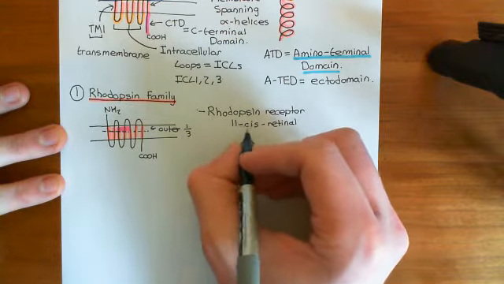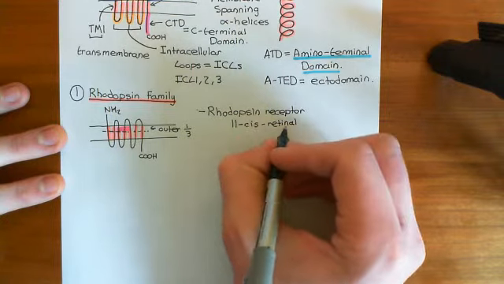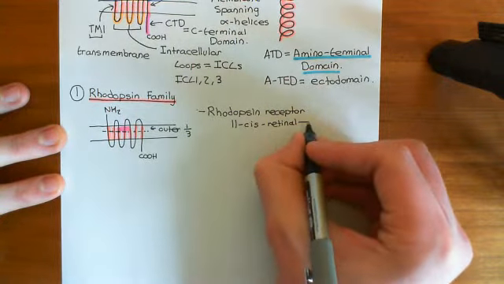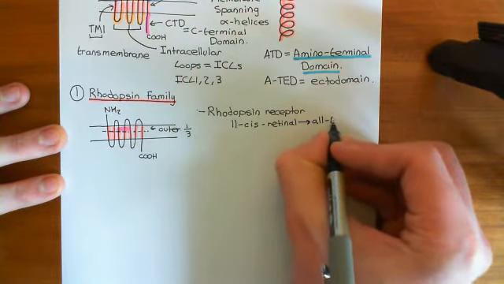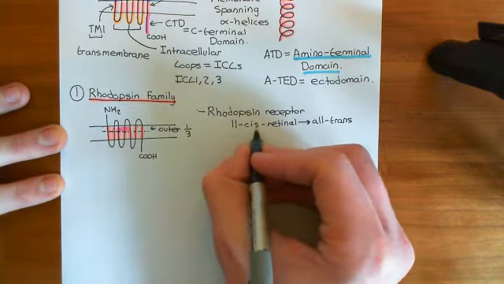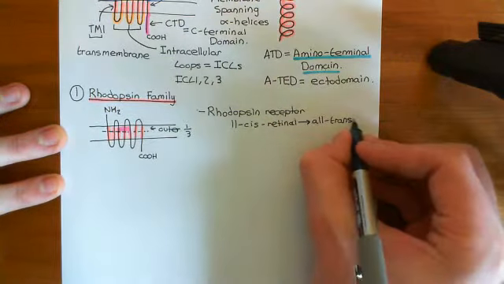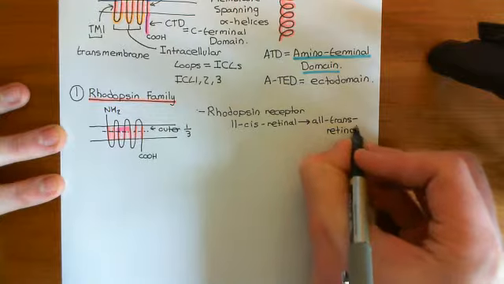Now, when light hits 11-cis retinal, it causes photoisomerization, and it converts the 11-cis retinal into all-trans retinal. So the double bond in this structure that was off the 11th carbon goes from being in the cis conformation to being in the trans conformation, and then we get all-trans retinal.